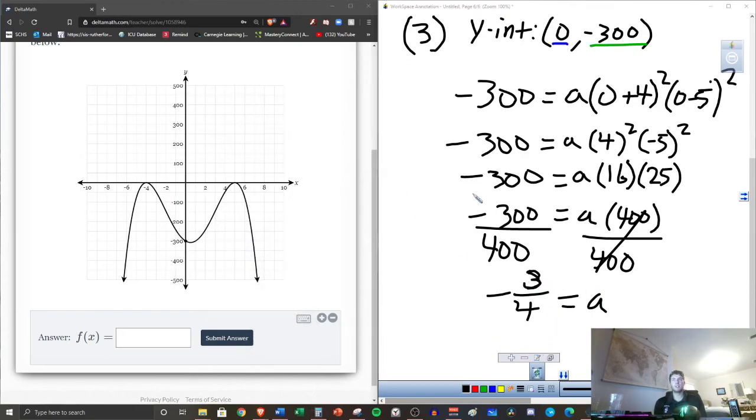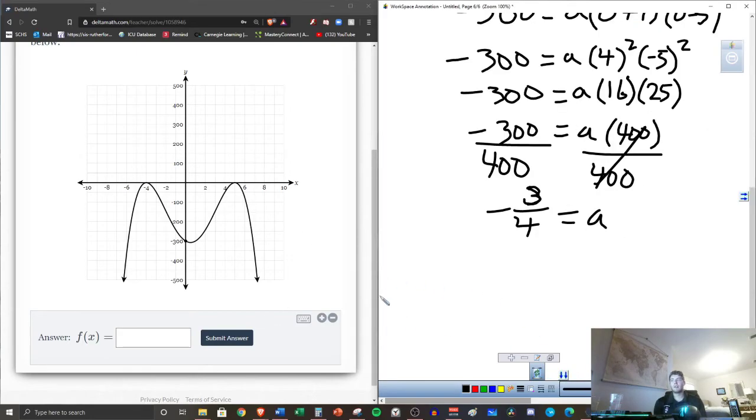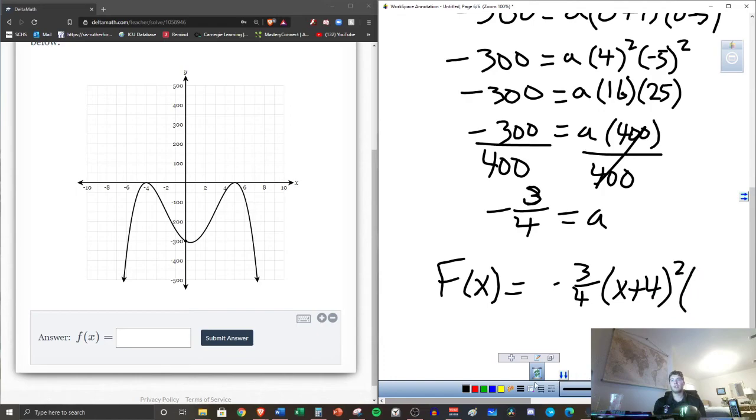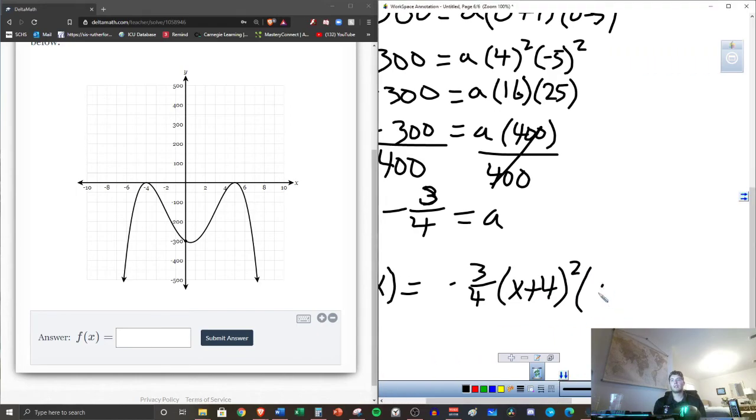This answer should make sense for an a value because we're going negative right here. So let's do our final answer and we'll see if it works over here. f of x is equal to -3/4 x plus 4 squared, and then x minus 5 squared.